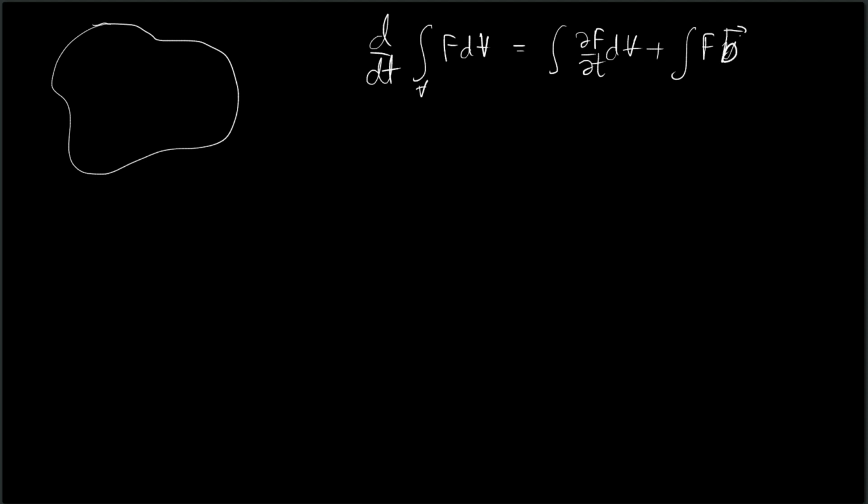If we have a control volume which moves with a velocity b, then the equation is written as d/dt of the integral of f over the control volume is equal to the integral of ∂f/∂t dV plus the integral of f b·n dA over the surface area.